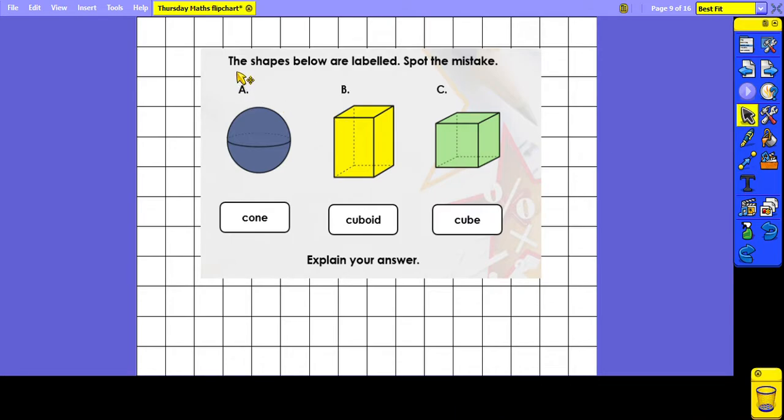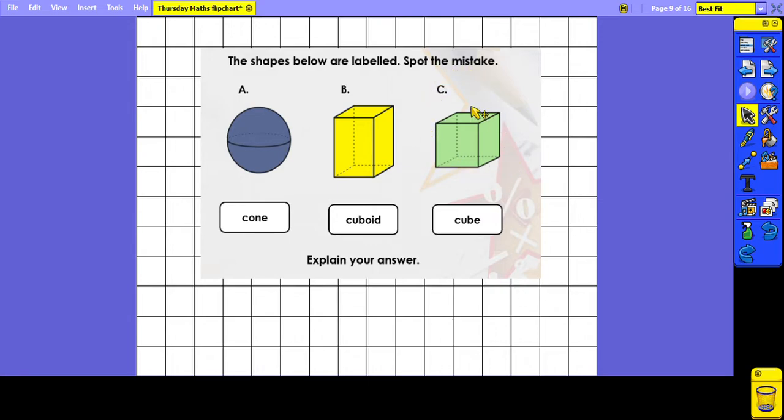This time the question says, the shapes below are labelled, spot the mistake. So shape A has been labelled as a cone, shape B has been labelled as a cuboid, and C is labelled as a cube. We need to spot the mistake and explain our answer.